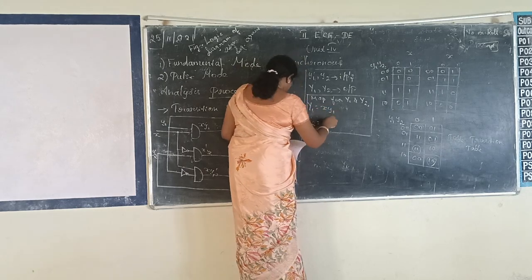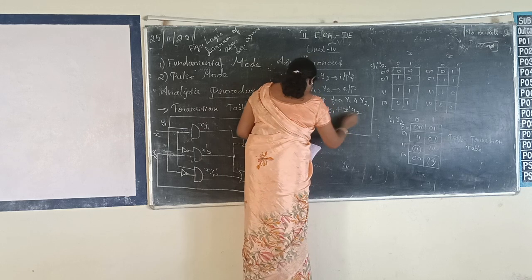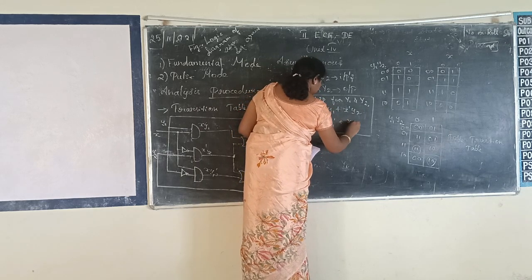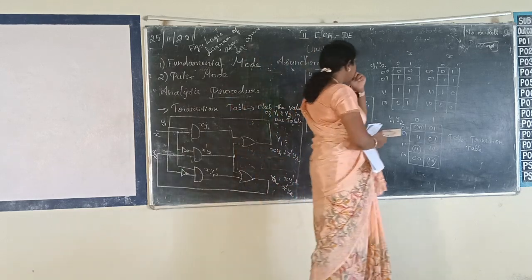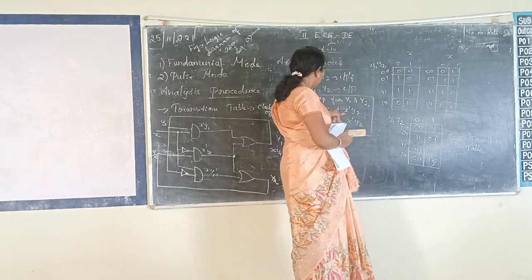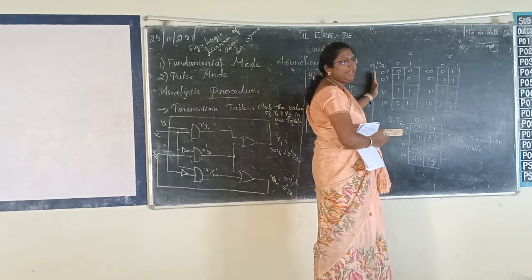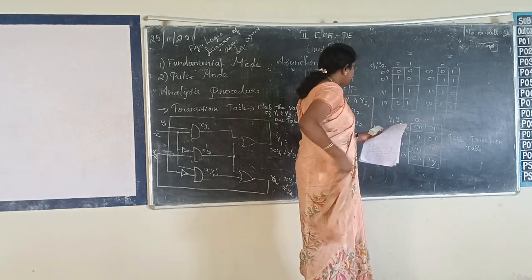So we are going to map the values for Y1 and Y2 in the K-map. So consider this is the K-map.